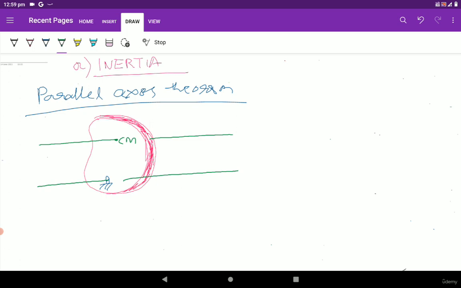This is the axis of rotation. The distance between these two axes is given by A.